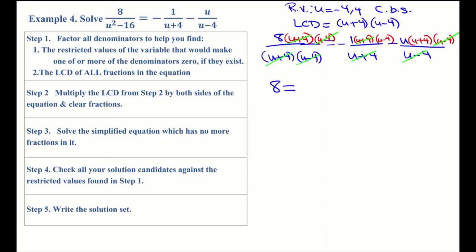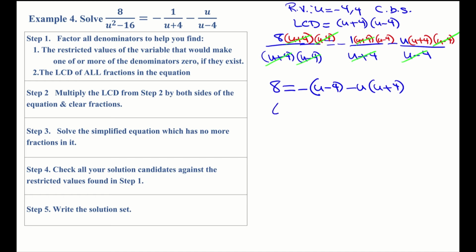So we only have 8 left on the left side. On the right side, we have negative times quantity u minus 4. Don't try to distribute, just write it. We'll do it in the next step. And then minus u times u plus 4. Those who try to do too many things in one step are the ones who get things wrong. All right.